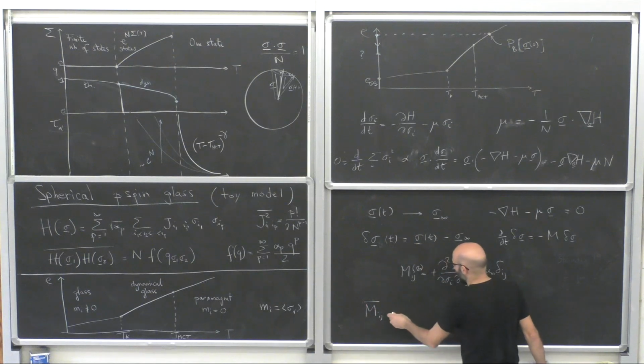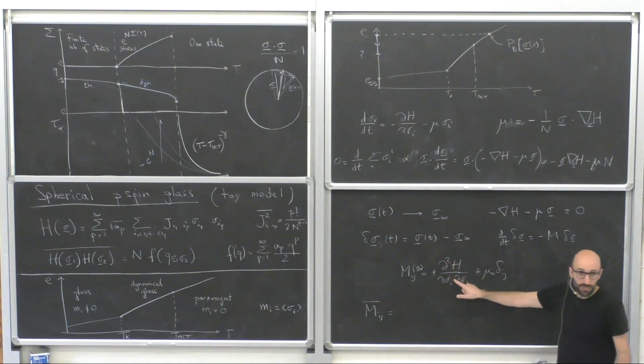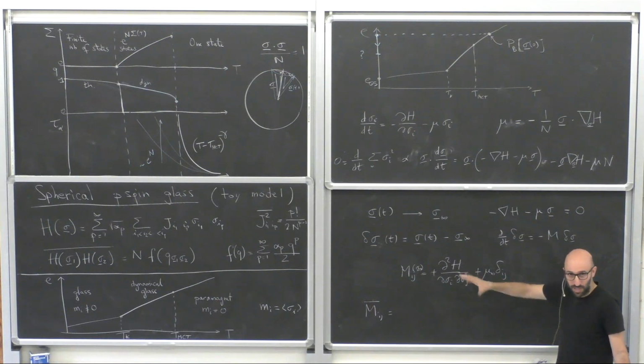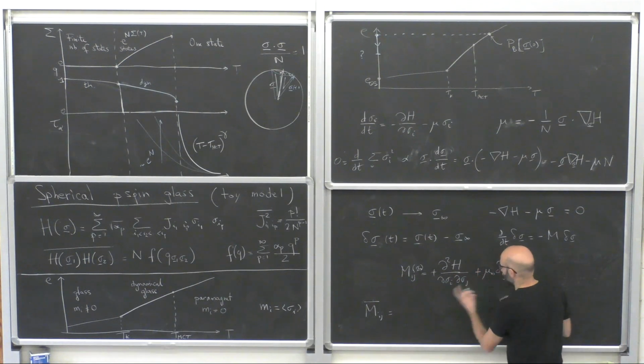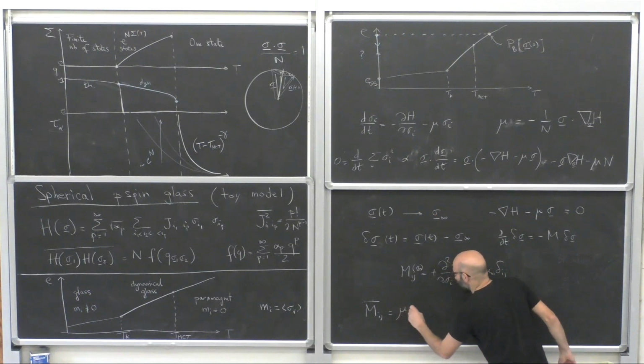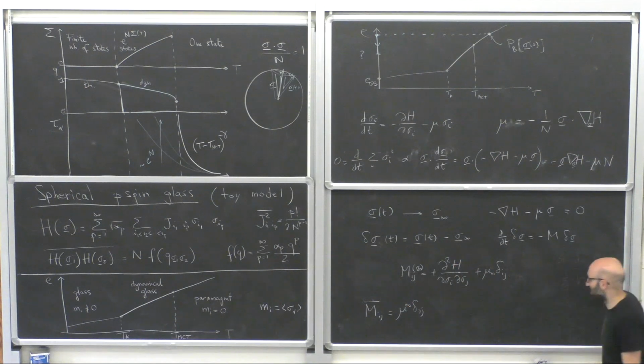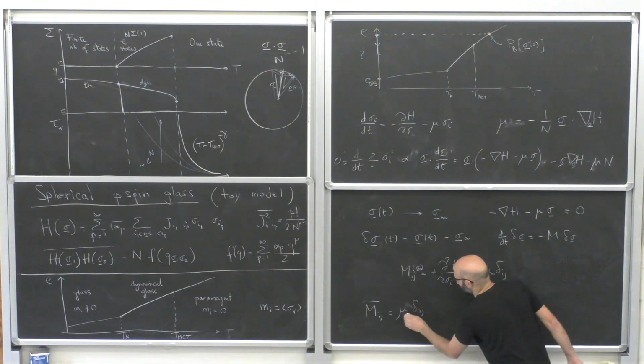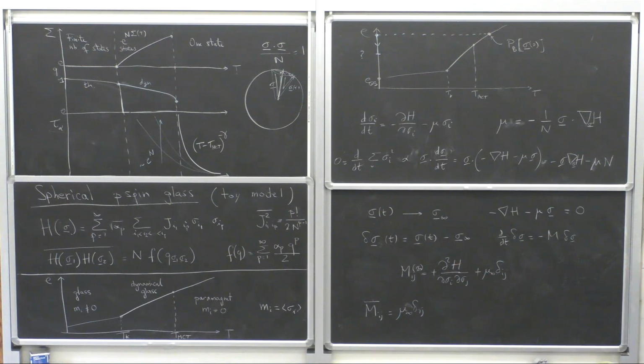The average of M is 0, because this is a linear combination of J's, and the J's have 0 average. So the average of Mij is just mu infinity delta ij, where mu infinity is the one computed in the minimum, right?